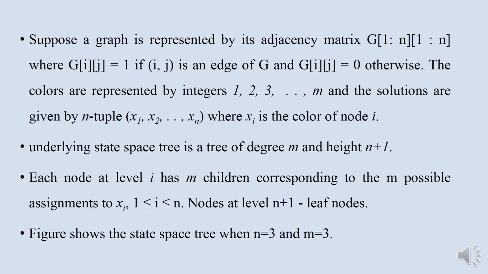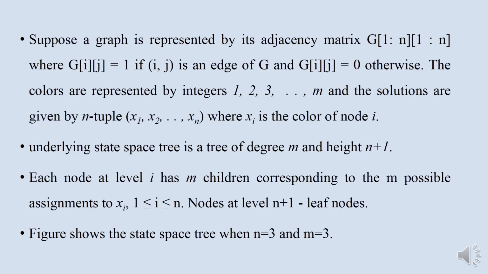So the colors are given by the values 1, 2, 3 until m, and the solutions are represented by an n-tuple x1, x2, ..., xn, where each value of xi represents the color assigned to that particular node i.